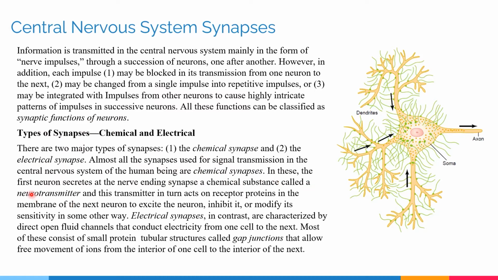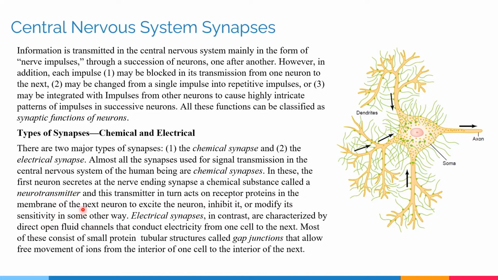In these, the first neuron secretes at the nerve ending synapse a chemical substance called a neurotransmitter. And this transmitter in turn acts on receptor proteins in the membrane of the next neuron to excite the neuron, inhibit it, or modify its sensitivity in some other way.